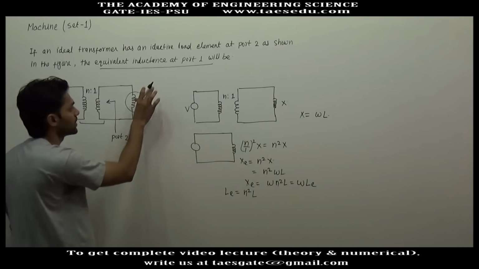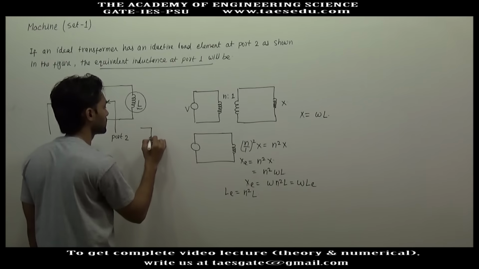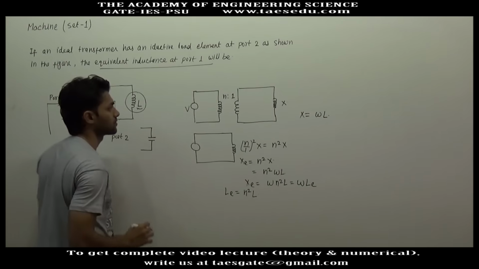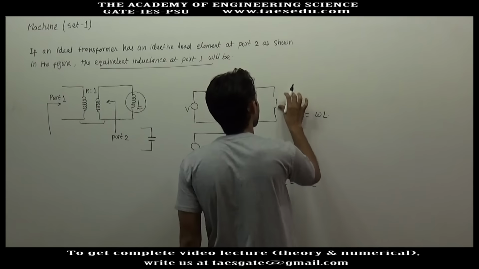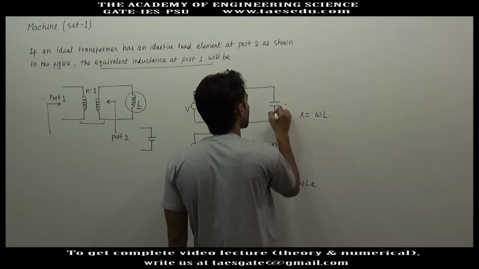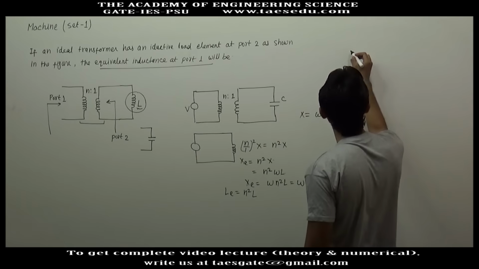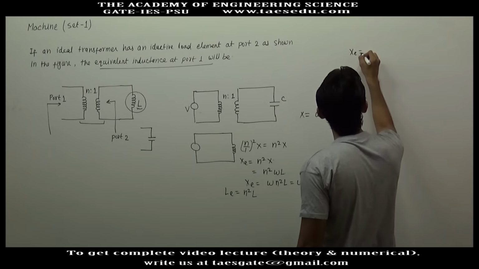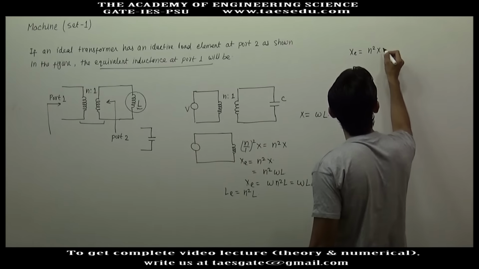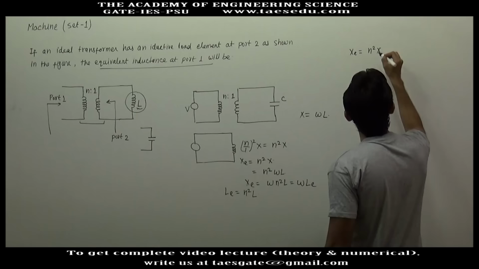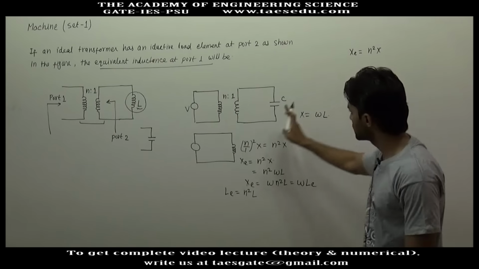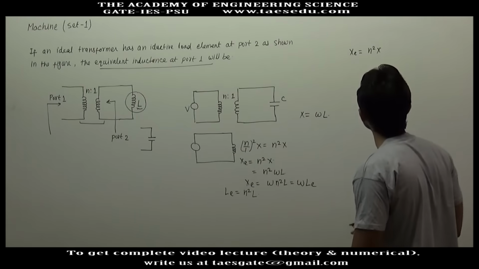If in place of inductance we had capacitance here, then what will happen in case of capacitance? When you refer this side, X equivalent will be n square into X. X equivalent or reactance will always increase according to the turn ratio.